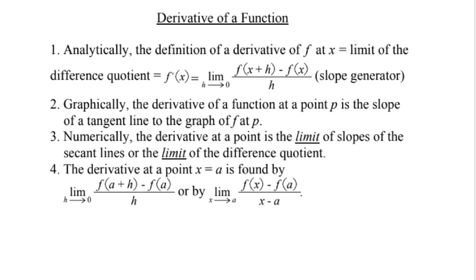Graphically, the derivative of a function at a point P is the slope of a tangent line to the graph of f at point P. Numerically, the derivative at a point is the limit of slopes of the secant lines, or the limit of the difference coefficient. So we are finding the derivative of a function using the limit approach as an introduction. Let's move on to the next slide.